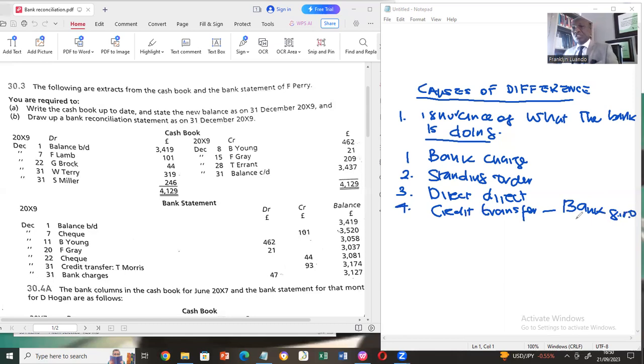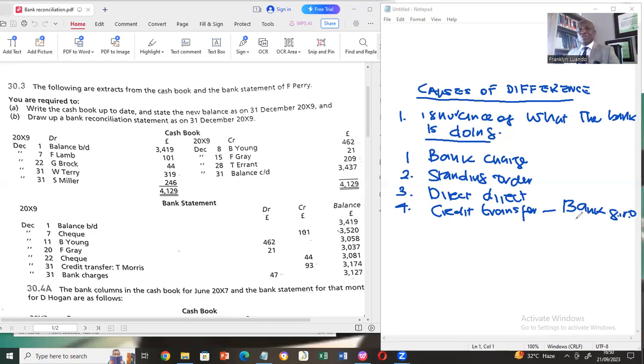Now, an arrangement can be made with a bank and the entity, and those people who want to make payments to the entity. They can simply transfer the amounts into the bank account of the entity. They only know that they have made a payment when they receive the bank statement. So it will be on the bank statement and not in the cash book, the bank columns only.